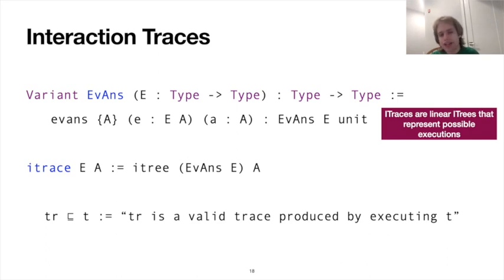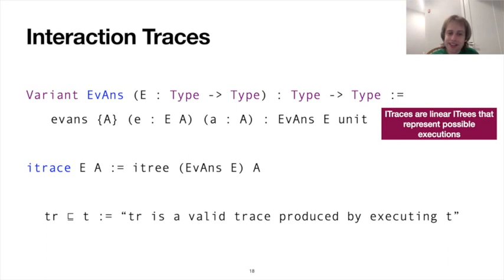Here is one constructor that we have listed, EvAns, which takes in an effect e of type E A and an evaluation a of type A, and assigns it the type EvAns E unit. So it's linear because of that unit, and it represents what that event is actually evaluated to. There is another constructor that deals with the case where A is empty. We're not going to go into that.